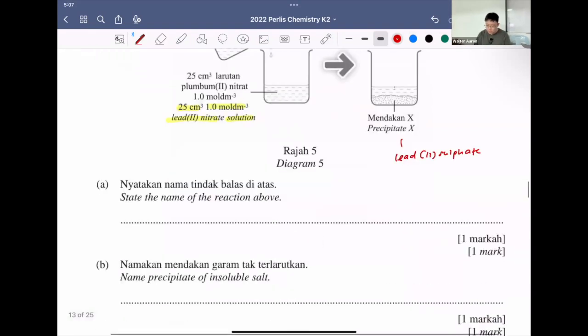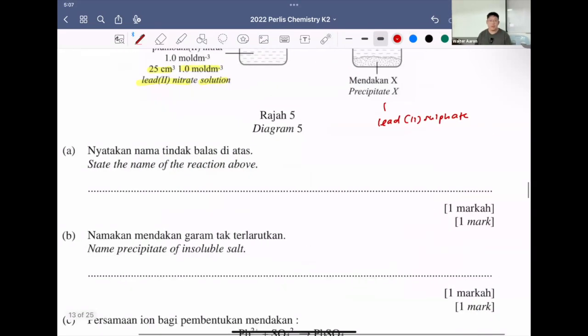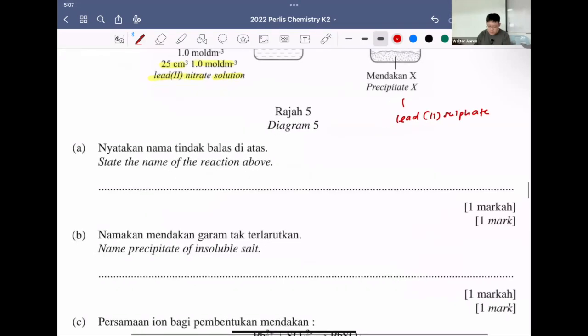So when you add 2 soluble salts together to form an insoluble salt, that process is called double decomposition. So for this question, the answer is double decomposition.